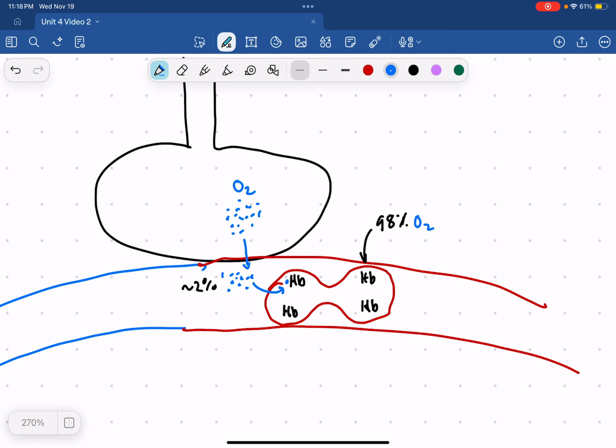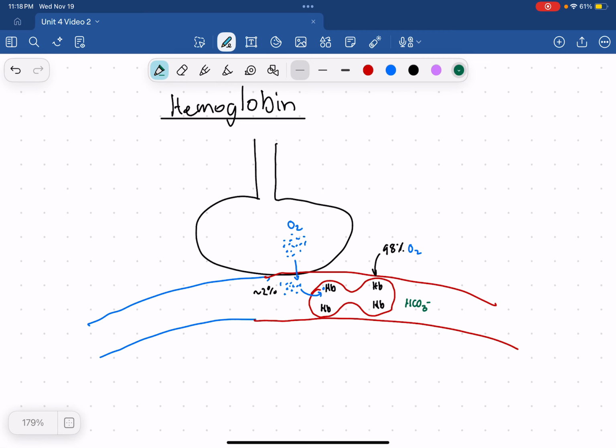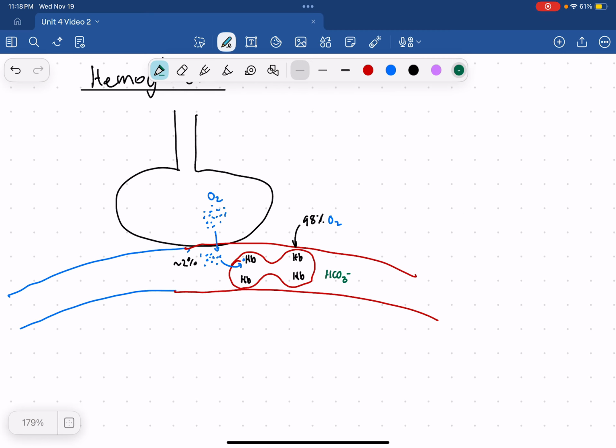So let me draw this with green. So the bicarbonate system is water and CO2. So water is a big plasma component, right? Blood plasma component.